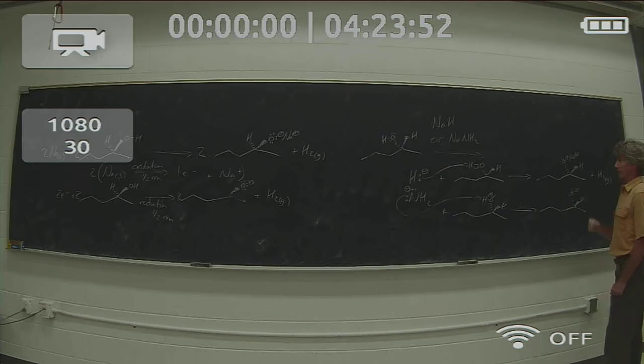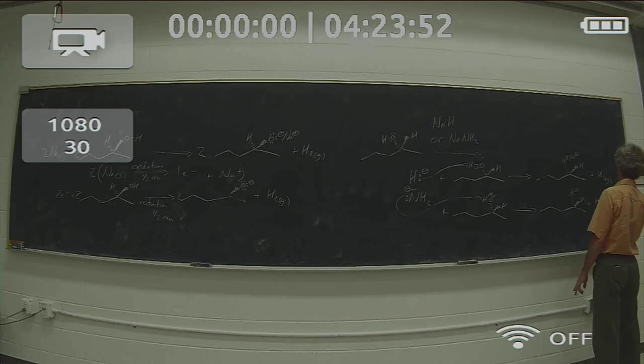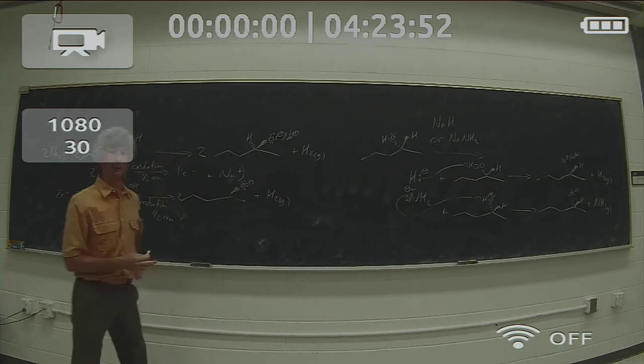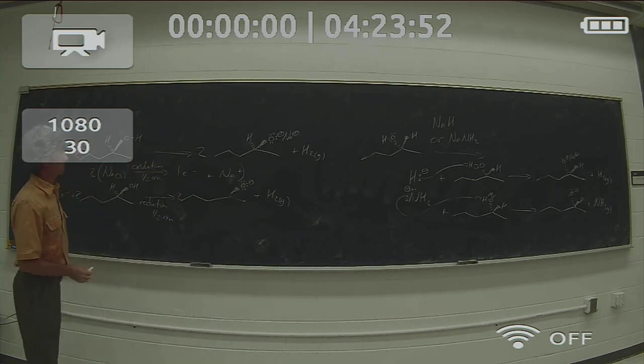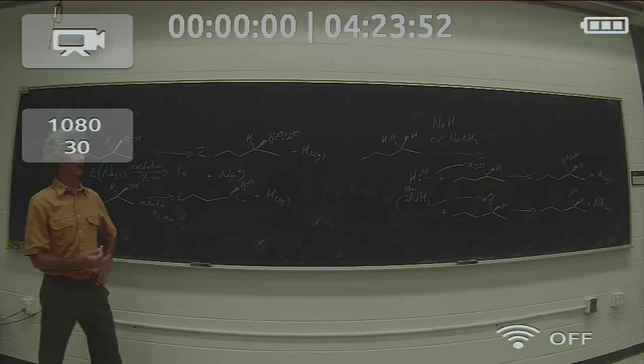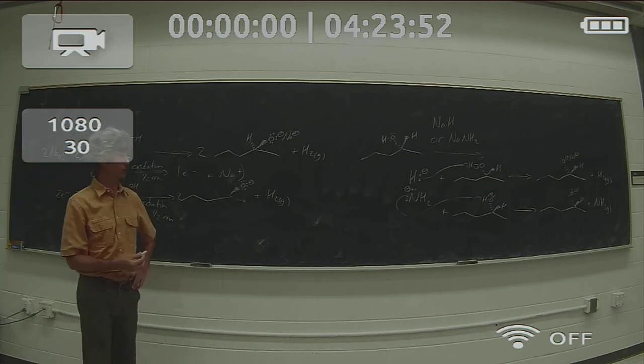I've used sodium as the counter ion in all these cases. But it doesn't matter, you could use lithium or potassium. So an alkali metal hydride, an alkali metal amide, or just an alkali metal by itself are all ways that you can convert an alcohol into the corresponding alkoxide for use in the Williamson ether synthesis.